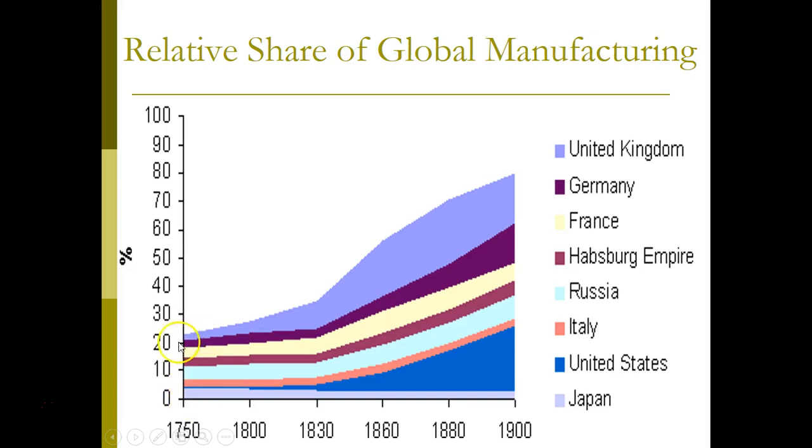But let's say it's about 20% of the global manufacturing output is coming from Europe, okay, in 1750. The question is, then who is producing the other 80% of global manufactured goods? And the answer is almost all of that 80% is coming from India and China.